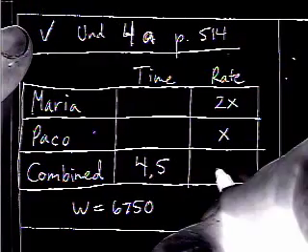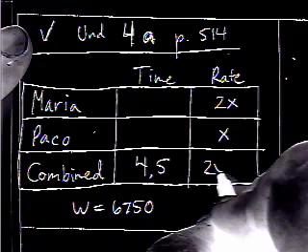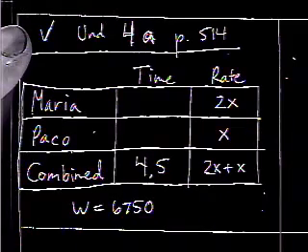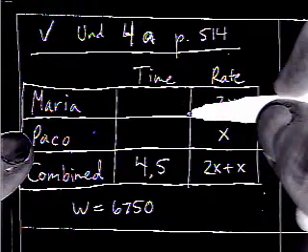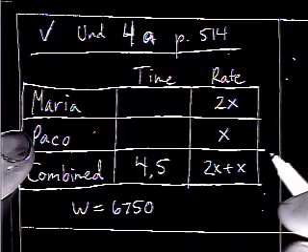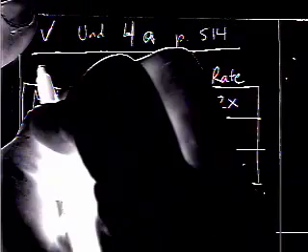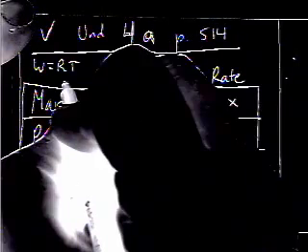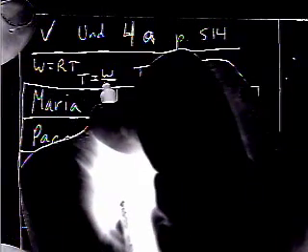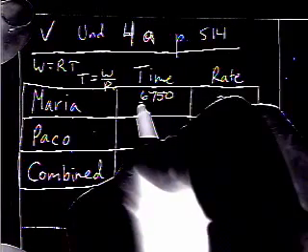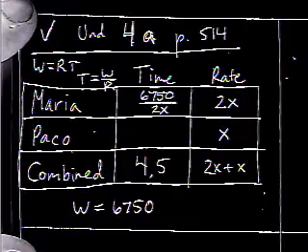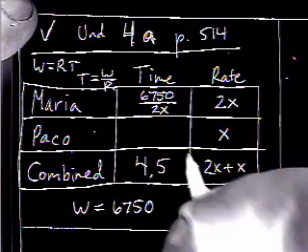Obviously, their combined rate would be 2x plus 1x. The time, for instance, so let's see here. We've got 6,750 and work equals rate times time means that time is equal to work divided by rate. So if I take this 6,750 and divide by 2x, I get the time that Maria could do it on her own.